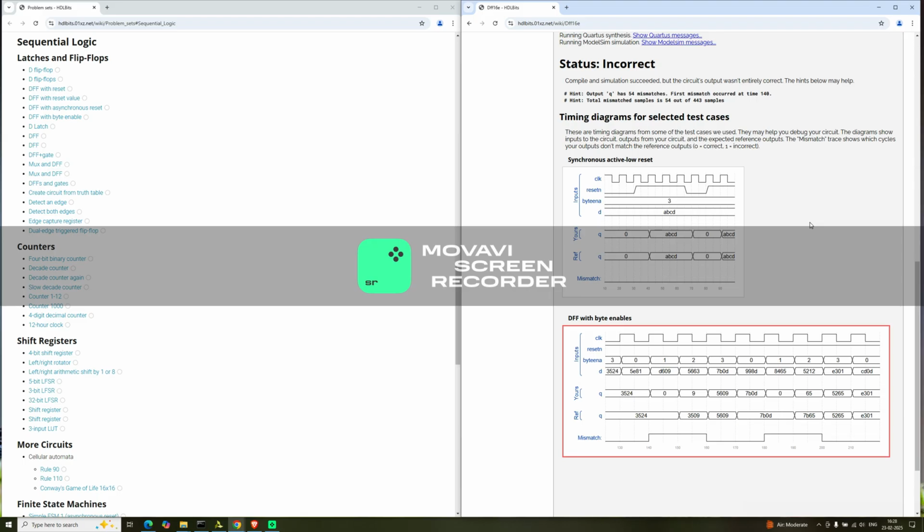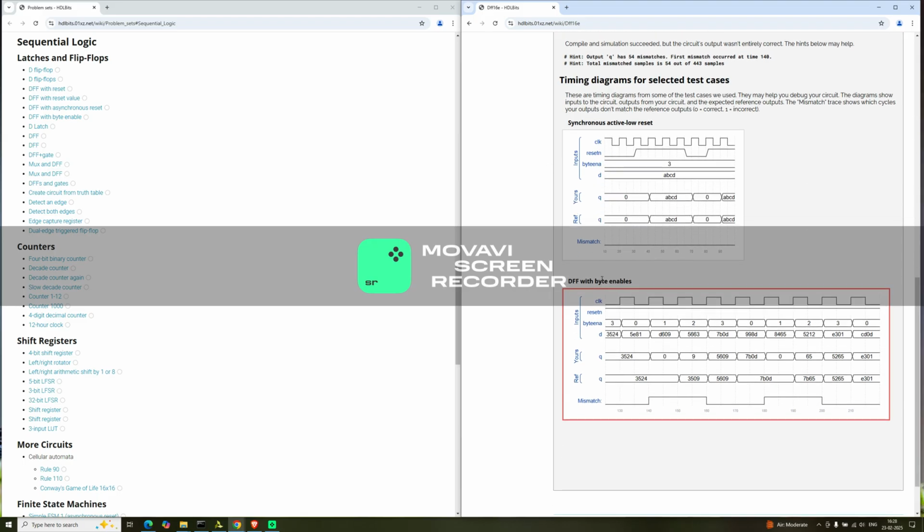Okay, so we have seen some mismatches. Where is the mismatch happening here? We have mentioned 0 when byte enable is 0. When byte enable is 0, it will retain that value. That is an issue here.